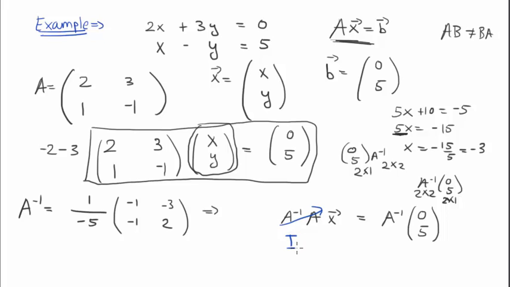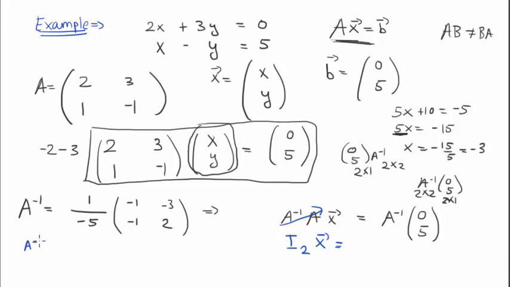This will be I2 times the x vector, which is the unknowns, x and y. This will be equal to A inverse times 0, 5. Okay, so A inverse is equal to negative 1/5 times the negative 1, right?